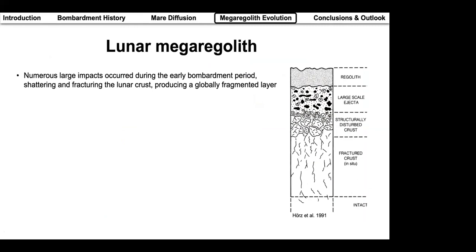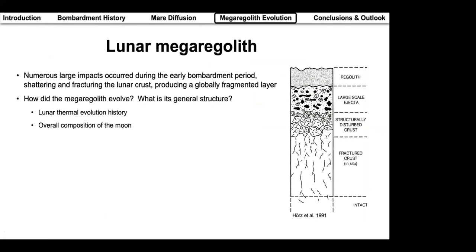We call this the megaregolith layer. How this megaregolith evolves is very important, because it affects the understanding of lunar thermal evolution history and also affects our estimate of the overall composition of the Moon.